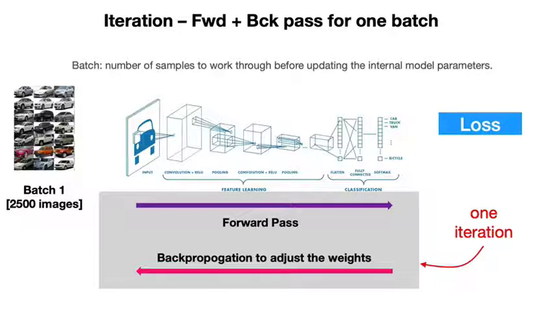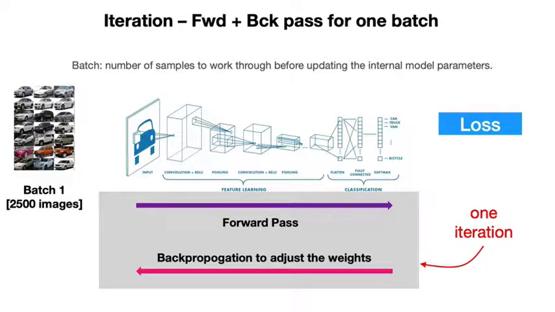So what is one batch again? It's the number of samples that have gone through the network before I do backpropagation, or before updating the weights or the parameters of the network. This is for a single batch.